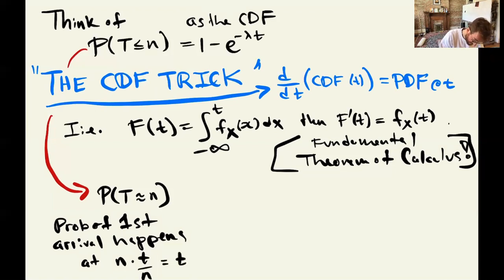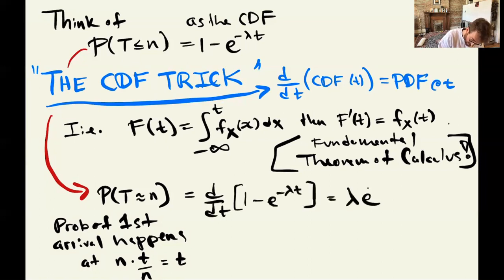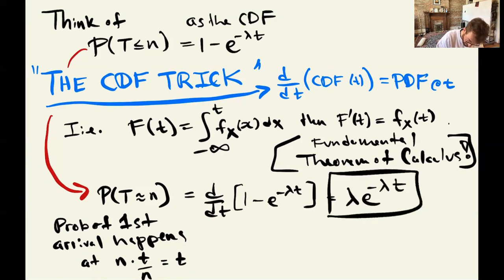This can be viewed as the derivative d/dt of 1 minus e to the minus lambda t, which ends up equaling lambda e to the minus lambda t. And that is our PDF for the exponential random variable.